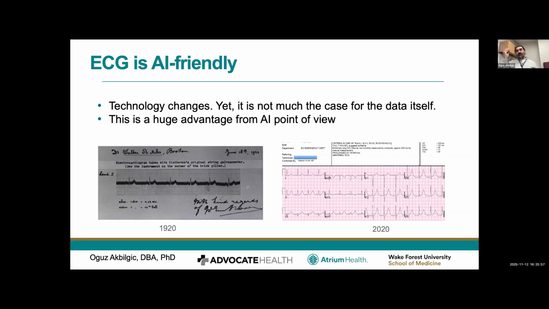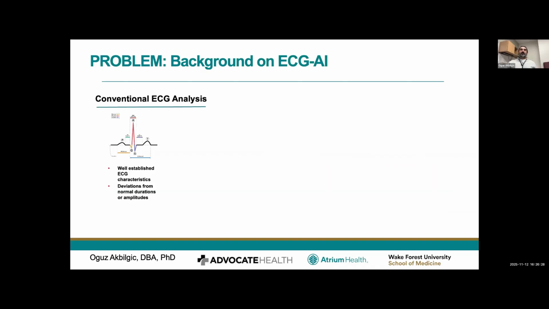That's why AI models developed on very old images are not necessarily going to work on images from new generation devices. But with ECG, time to voltage data from 1920 and time to voltage data from 2020 are fundamentally the same. We develop AI models using data from the 1980s and 90s, and we tested on data from last year. It works.